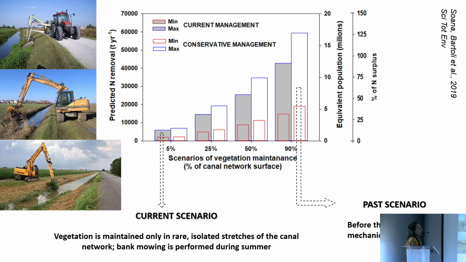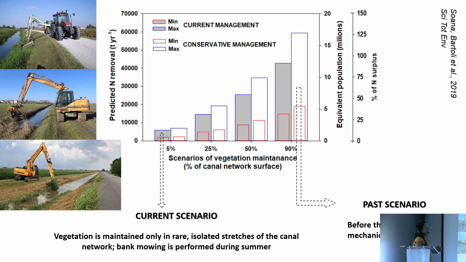Different is the 90% scenario, which can simulate the condition in the early 90s, when the introduction of mechanical mowing made vegetation removal more efficient.